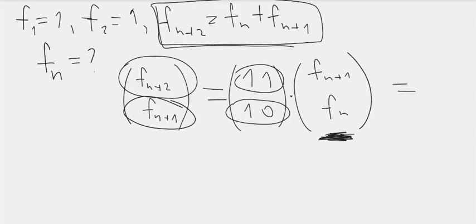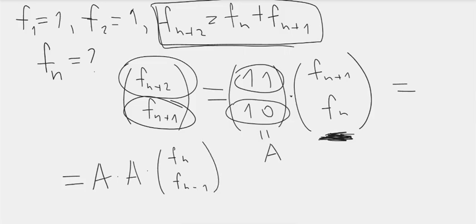We denote this matrix by A, just not to repeat it everywhere, and this would be equal to A multiplied by another A and the vector fn minus 1, right?